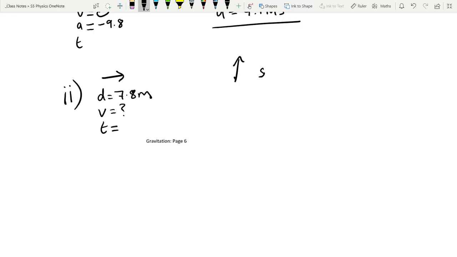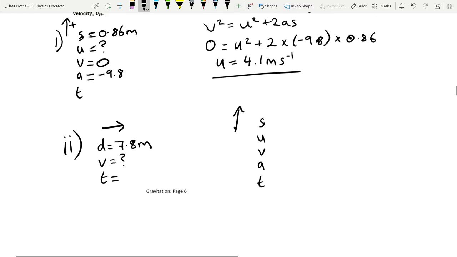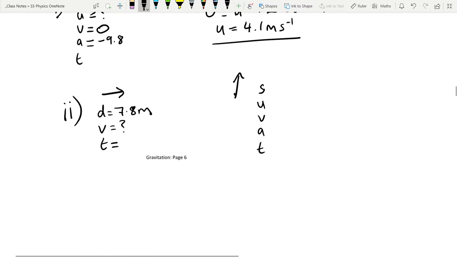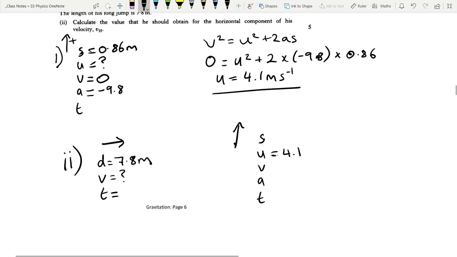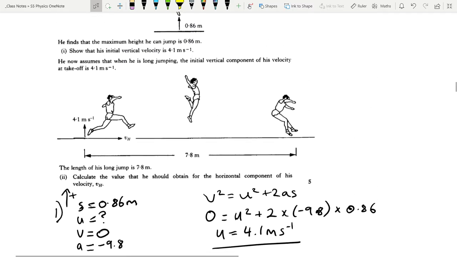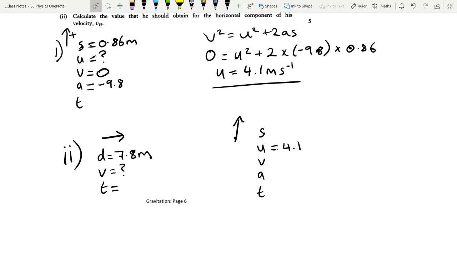Vertically, we know that his initial vertical speed is 4.1 because he's assuming that it's 4.1. The acceleration we know is going to be minus 9.8.